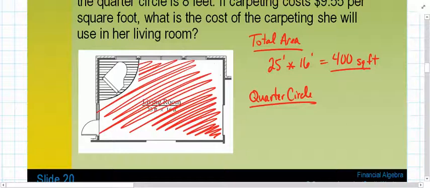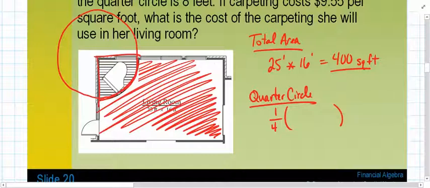Well, what you have to recognize is with this being a 1/4 of a circle, it's 1/4 of what an entire circle's area would be. So the area for this piece is simply equal to 1/4 times the regular area calculation of a circle. Now for the 1/4 circle in this drawing, that's 8 feet in radius, so the area is equal to pi times radius squared, and we're going to take 1/4 of that, again by multiplying by 1/4 on the outside.